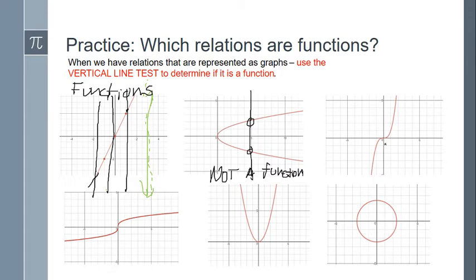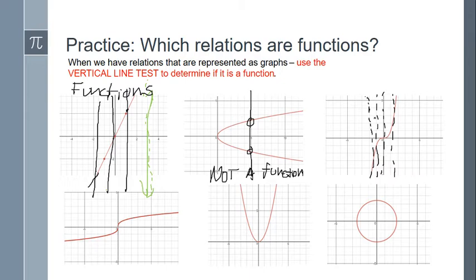How about the third graph? Here you're imagining again drawing vertical lines up and down this page, wherever you want, making sure that it only touches this graph in one spot. In this case, it in fact does pass the vertical line test.